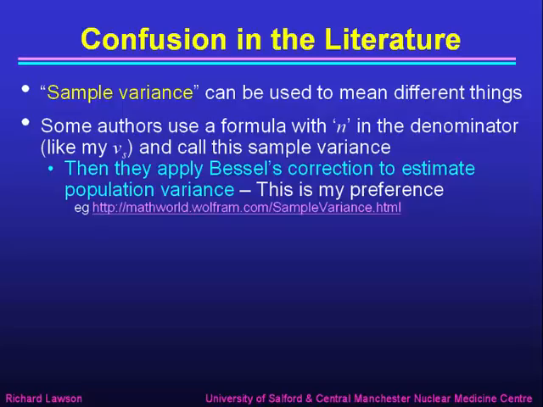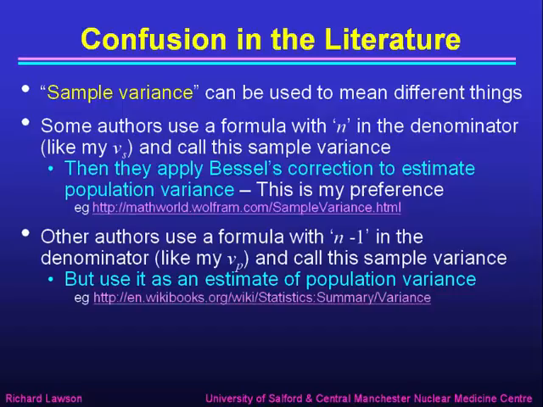However, other authors use a formula with n-1 in the denominator, like the one that I've given you for the population variance, but they still call it the sample variance. But they use it as an estimate of the population variance based on the sample. I find that rather confusing, but that is the approach taken by other authors.